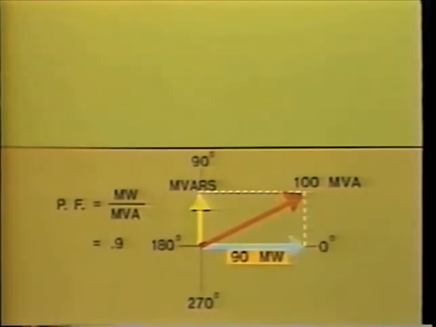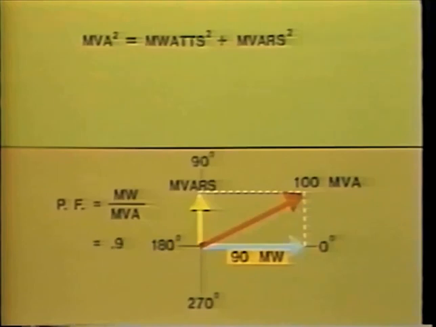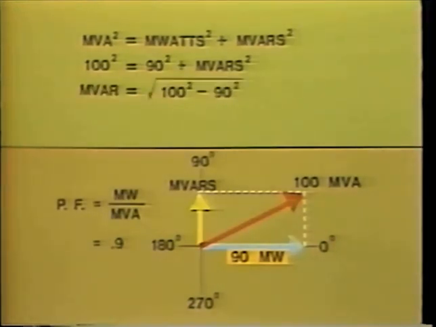Let's now calculate the reactive power requirement. MVA squared equals megawatts squared plus megavars squared. And in our example, we see that 100 squared equals 90 squared plus megavars squared. So the reactive power supplied will be the square root of 100 squared minus 90 squared.